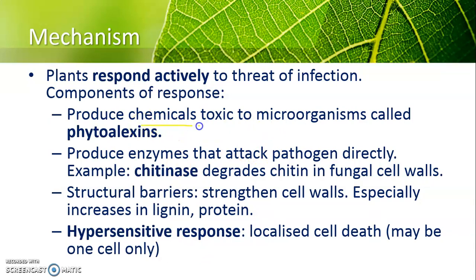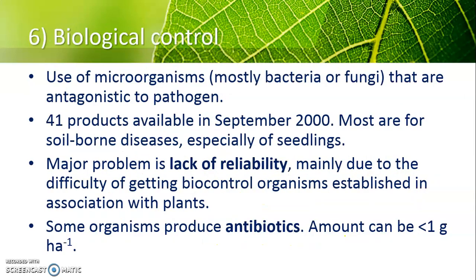They produce chemical toxins and enzymes. They have a structural barrier, strengthening their cell wall so that it cannot be infected. And also the hypersensitive response, where they localize the cell death, so it is a cell, not the tissue or the whole plant. Okay. Alright.